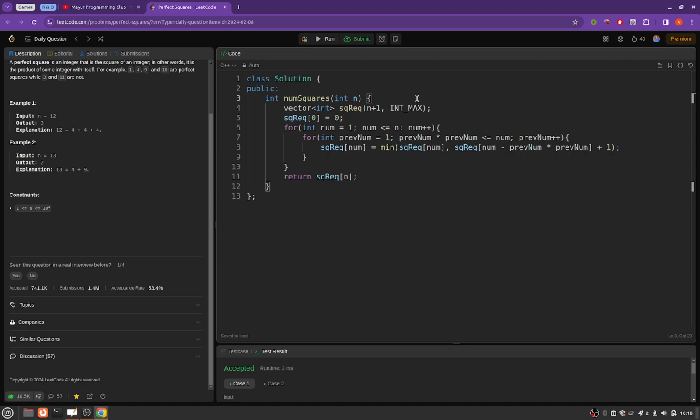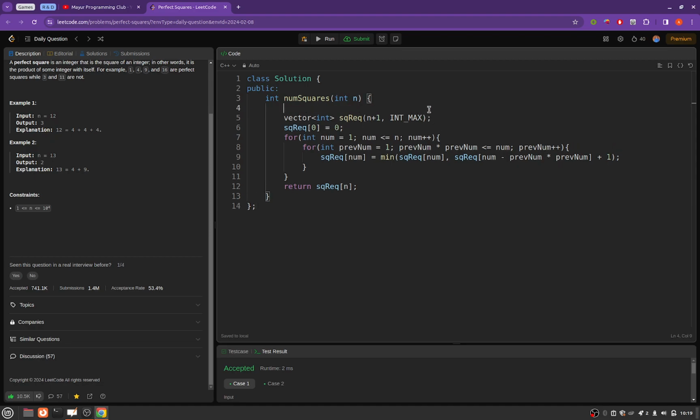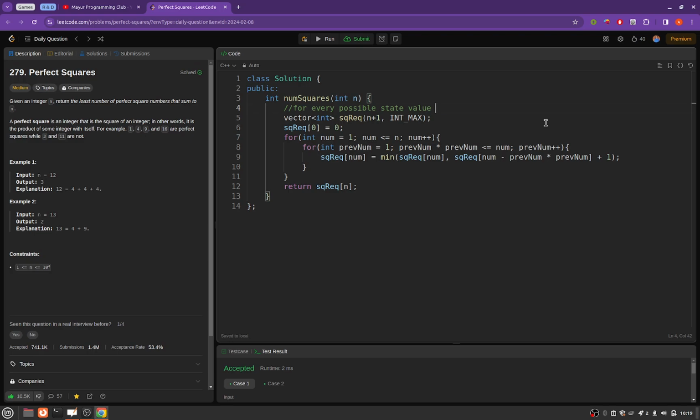Initially you will consider that for every number, for every possible state value, the maximum number, let's say maximum int value number of perfect square numbers will be required to add up to that state.